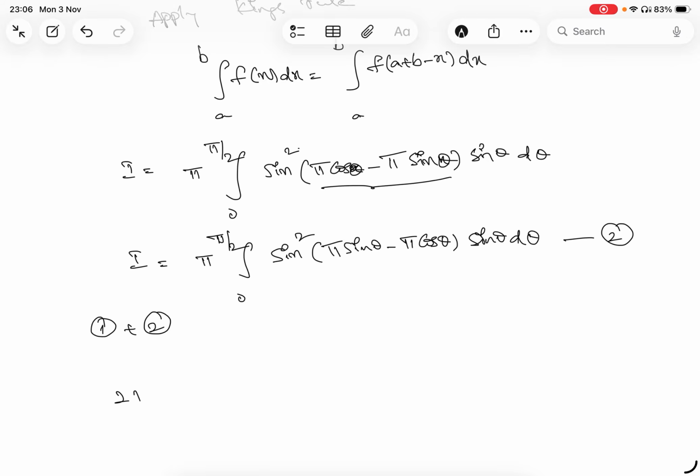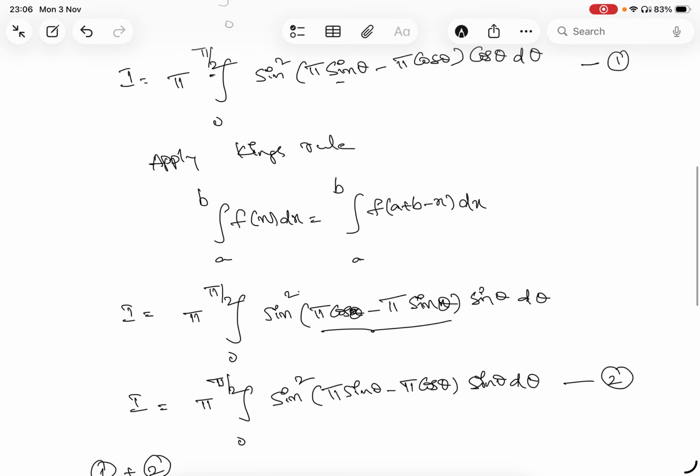Then this will be 2I equal to pi into integral 0 to pi by 2. You can take common sine square of pi times (sin theta minus cos theta), into sin theta plus cos theta.